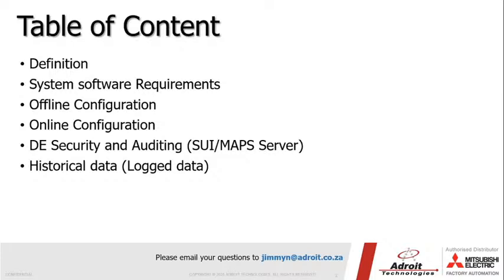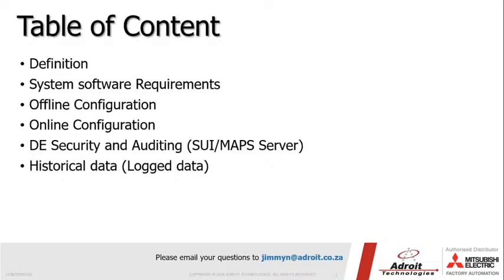Today we'll be covering the following topics. Definition: what is the Excel add-in? Where can it be found and how can it be utilized? System software requirements: software product that the user must have on their machines before they can install the Excel add-in. Offline configuration of the Excel add-in: interacting with the Excel add-in without connecting to a running agent server.